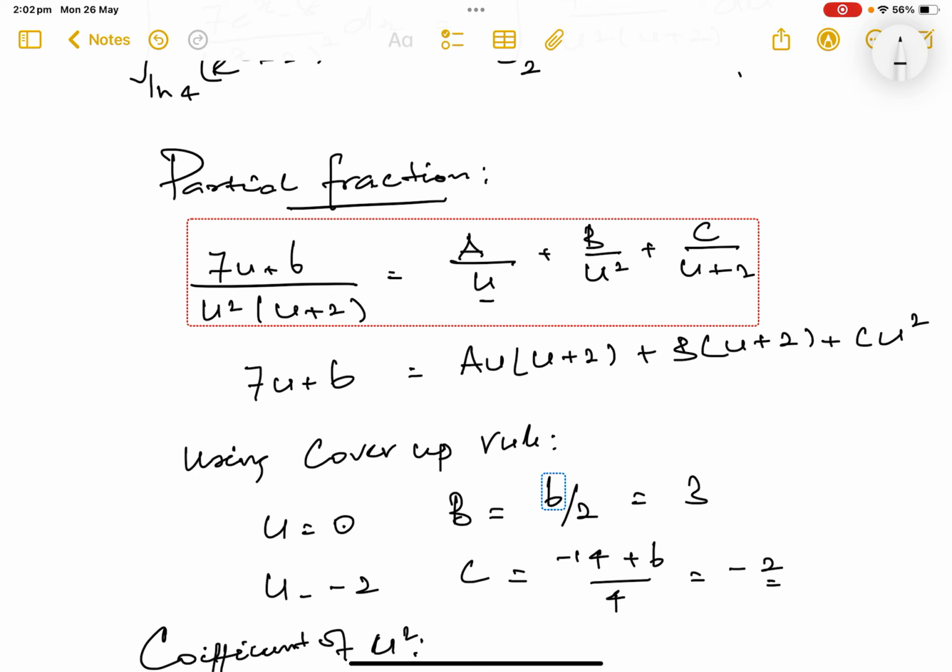Again, if you want, you can do another step in between. So 7u + 6 equals A u (u + 2), plus B (u + 2), plus C u squared.